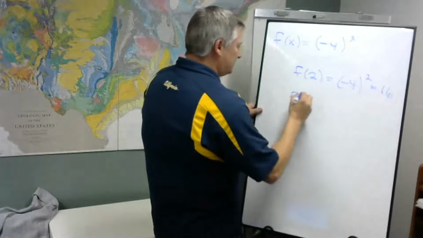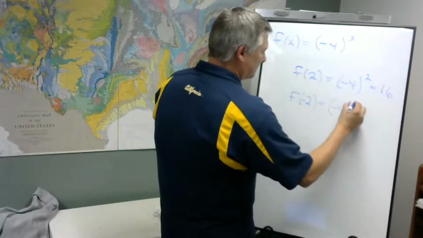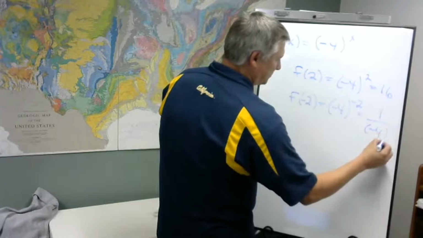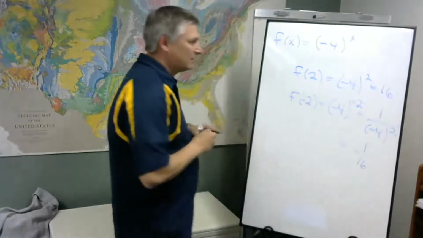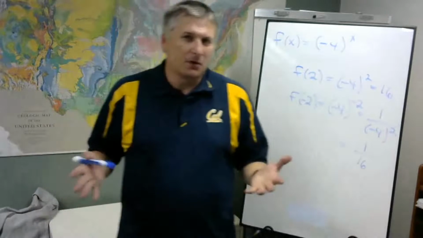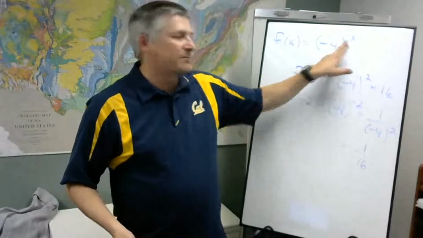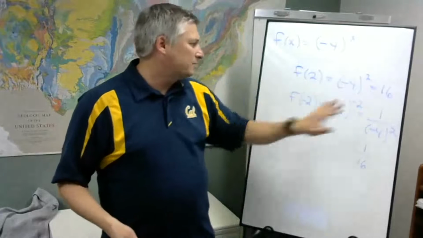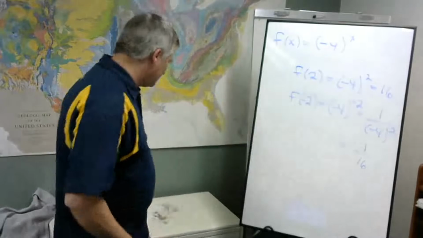And then f of -2, no problem here. This is 1 over -4 squared, or 1 over 16. So we're okay for x being 0. We could let x be 1. It's just going to be -4 to the first power, which is -4. 2 is fine. You get 16. -2 is fine. You get 1 over 16.